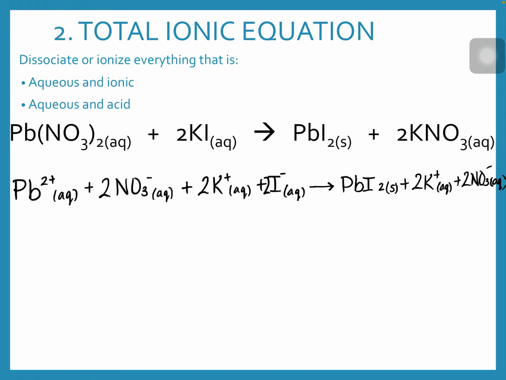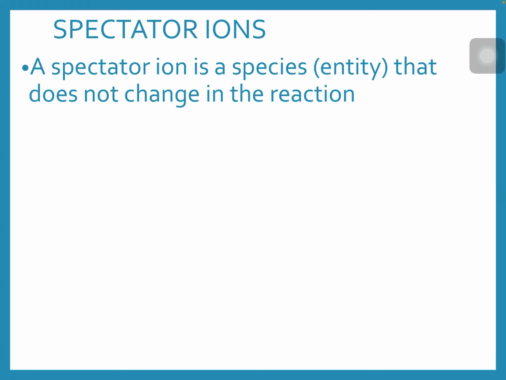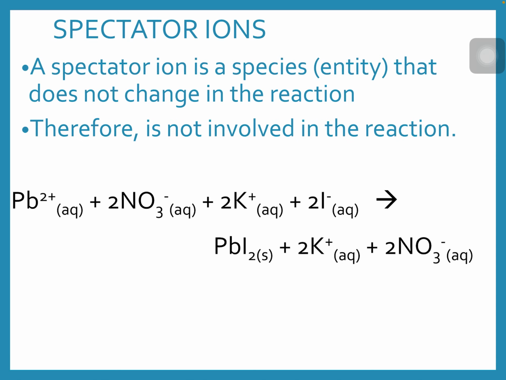And then the next thing I'm going to do before I get to my net ionic equation is get rid of any of my spectator ions. Those are the things that do not change in that reaction. They're the same in the reactants and the products and therefore are not involved in the reaction. So I have 2 nitrate ions in the reactants and in the products and 2 potassium ions.